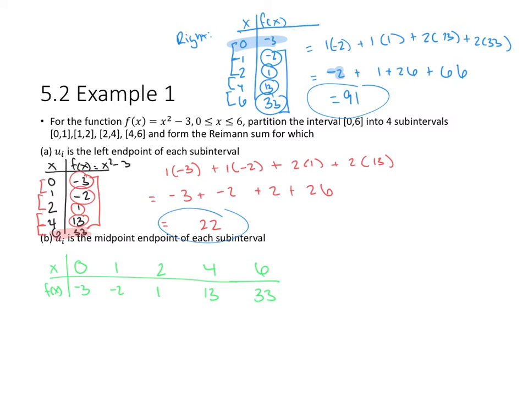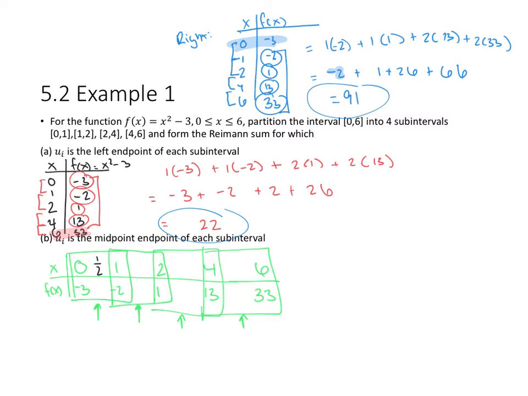So for the midpoint of each, these are my blocks that I'm going to be using. Those are my intervals. Those are the intervals they told me to use, so those are the intervals obviously I have to use. But for the midpoint of each interval, I'm going to need to come up with these middle numbers. And in order to do that, I'm going to need a little bit more information. So the middle of 0 and 1 is 1/2.